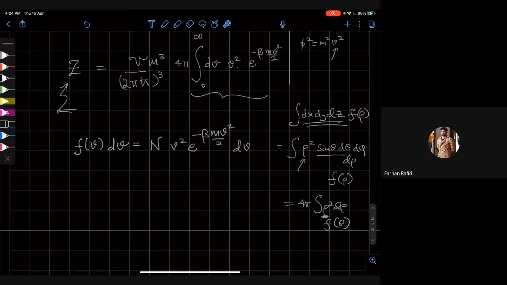It just comes from the fact that we can think of the partition function as the sum of all the probabilities, right?